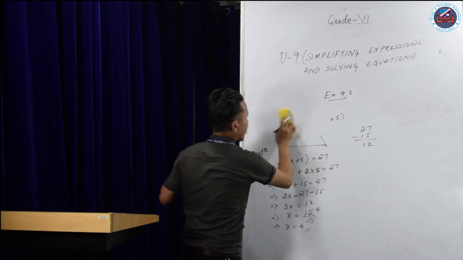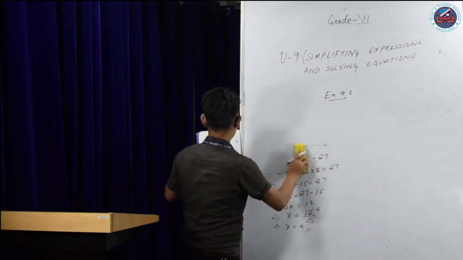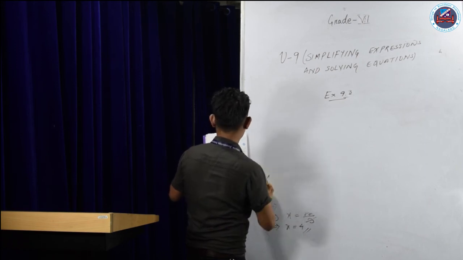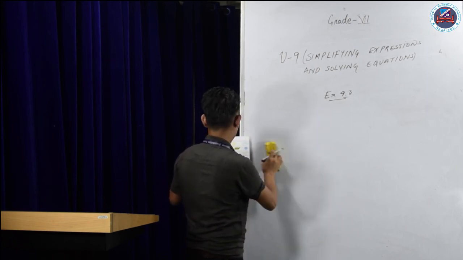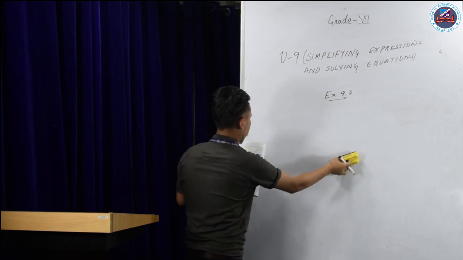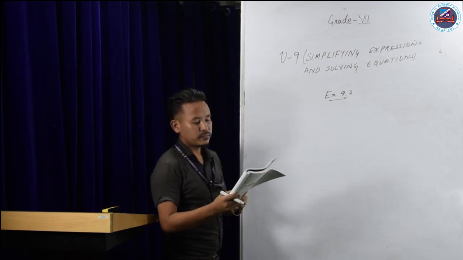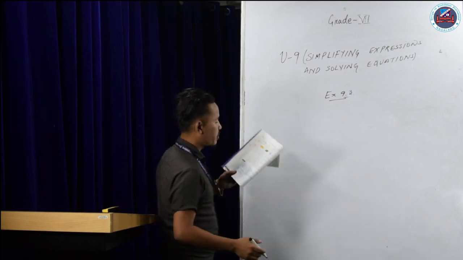Now moving on to the next question, that is question number 3. Work out the value of y in each of these shapes. All measurements are in centimeters.